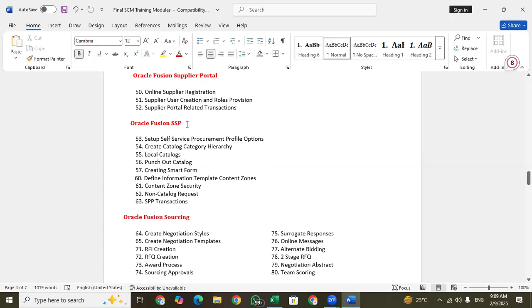This is SSP. From 25C onwards, this SSP becomes RSSP, responsive self-service procurement. There is a separate page coming into the picture, a very beautiful page. That is the reason Oracle is going to boom for the next few years, because they have implemented a lot of new features in the application.